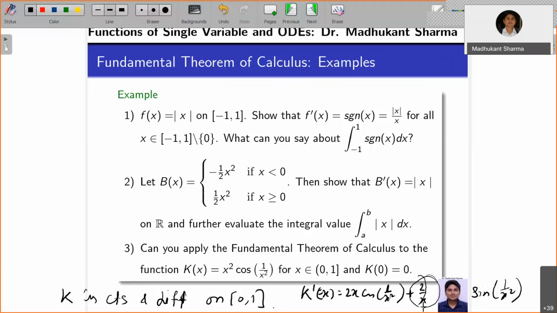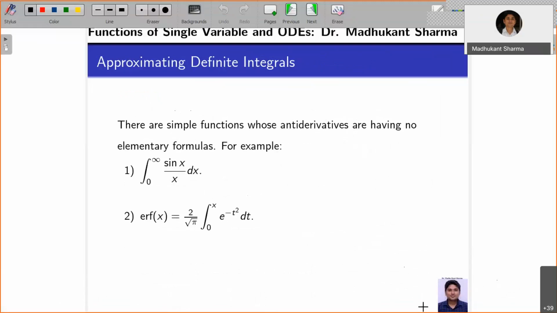Now there are certain situations where one of the limits is infinite, or the function is not bounded on the interval, or the function's antiderivative is not easy to find. Then what should be done is to approximate it. You should try to get a good approximation of such an integral.